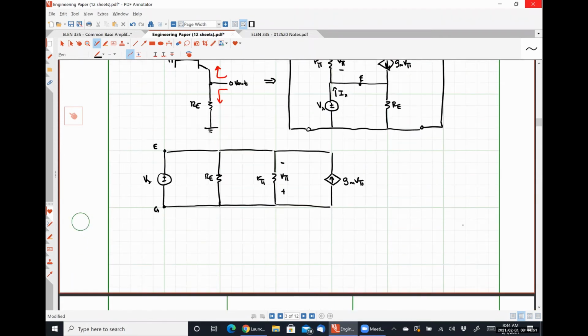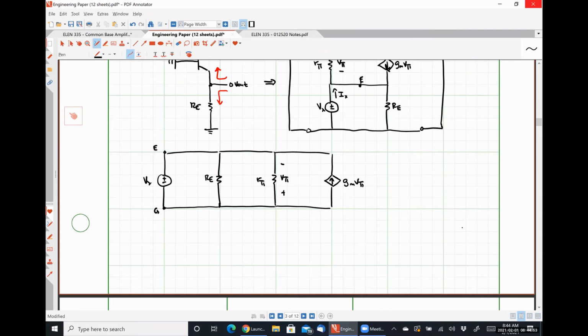So if I apply Kirchhoff's current law at my top node, I can see that Ix is simply Vx divided by the resistance Re plus Vx divided by the resistance R pi minus gm times V pi, where V pi is exactly equal to negative Vx.